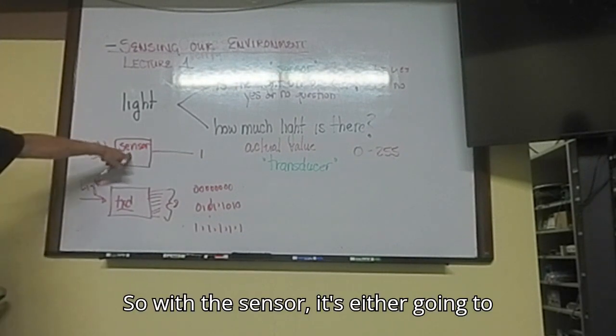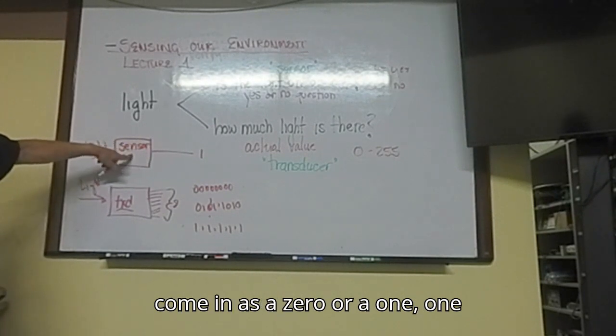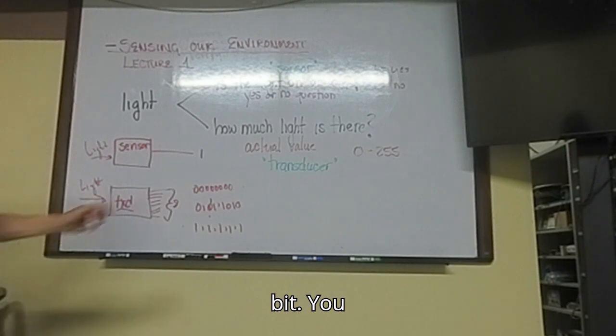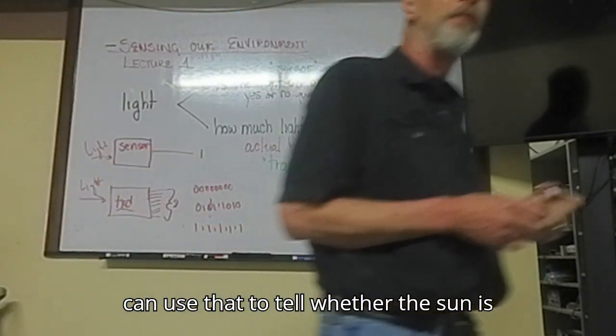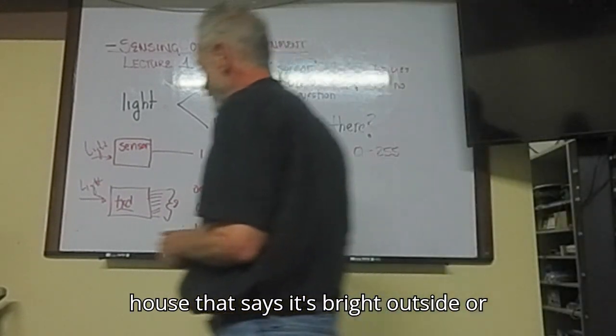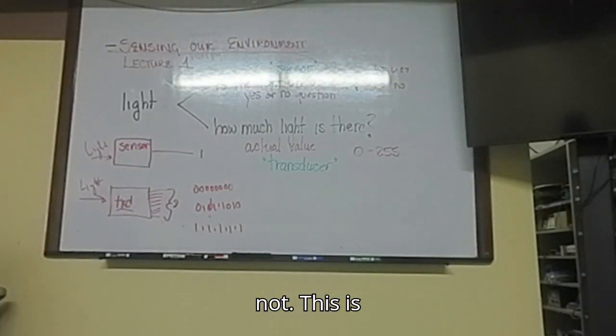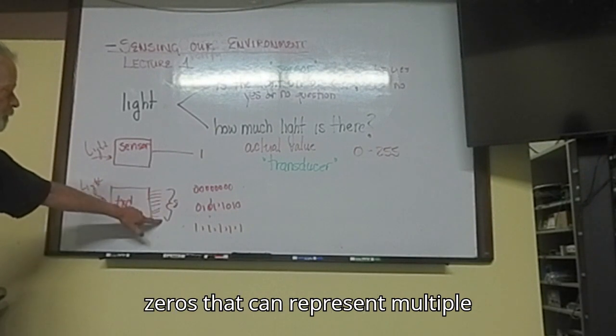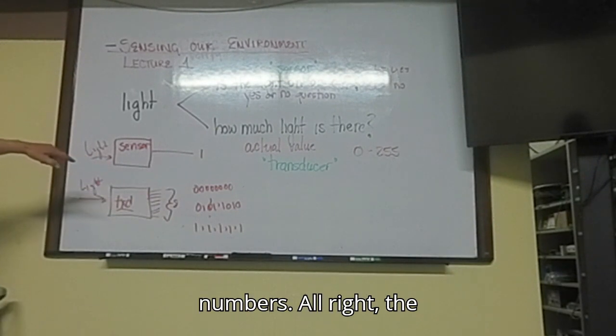With the sensor, it's either going to come in as a 0 or a 1 bit. You can use that to tell whether the sun is up or not. Have an LED in your house that says, is it bright outside or not? This is going to tell you how much light, because now you can get multiple ones and zeros that can represent multiple numbers.